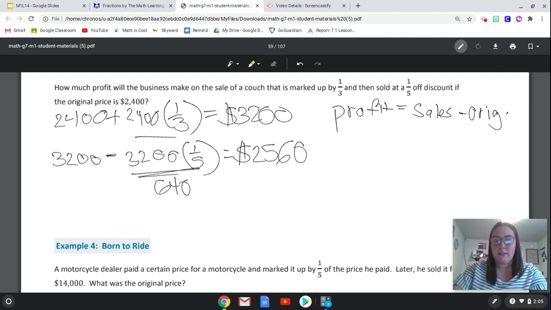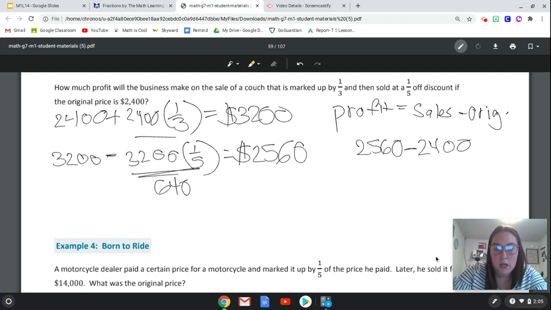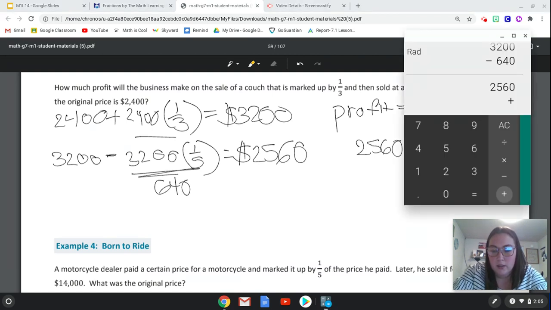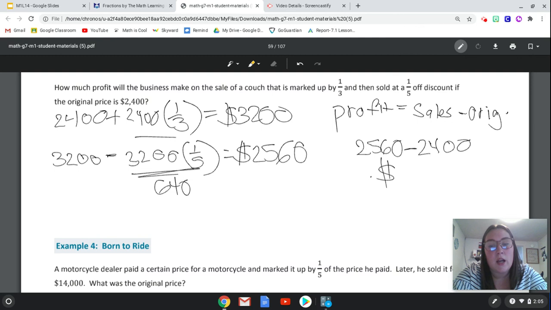Our sale price was 2,560 and our original price was 2,400. So I plug that in my calculator, and I'm going to say minus 2,400. So I made an extra $160 by marking it up and then saying it's on sale.